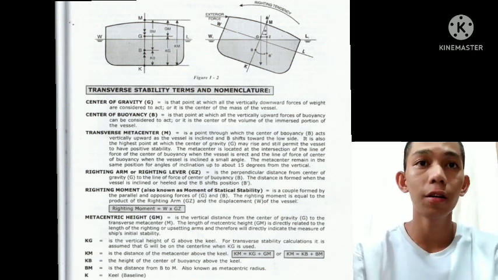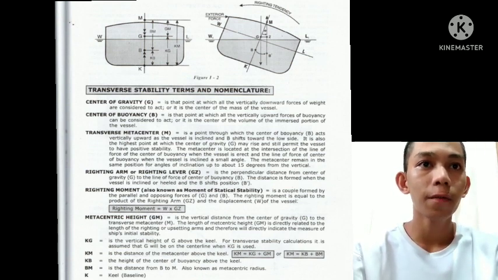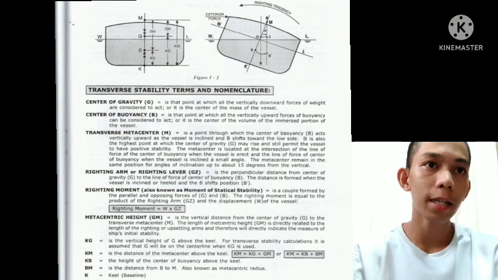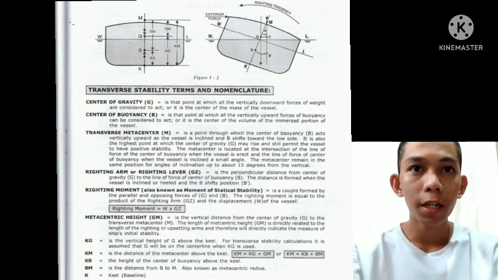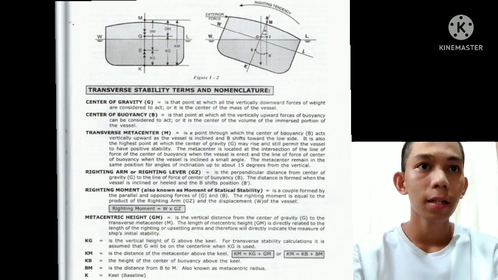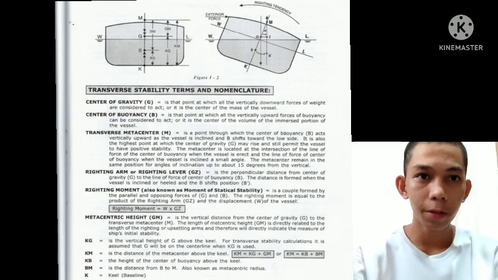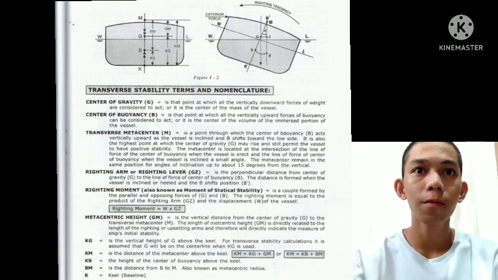Metacentric height, or GM, is the vertical distance from the center of gravity to the transverse metacenter. The length of metacentric height is directly related to the length of the righting or upsetting arms and therefore will directly indicate the measure of the ship's initial stability.